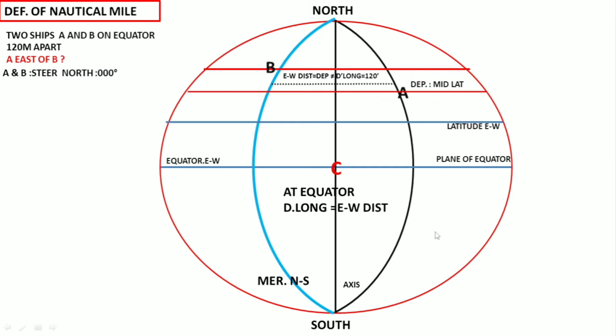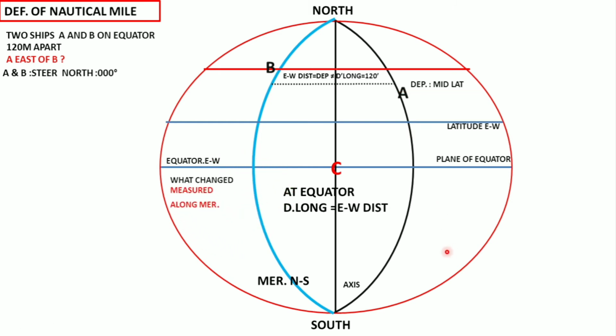Now, mean is A plus B divided by 2. But we are talking about mid latitude. There were some corrections given in olden tables for correcting the mean latitude to mid latitude, which are not applicable anymore. But suppose you are asked what is departure, true departure lies on middle latitude, not on mean latitude.